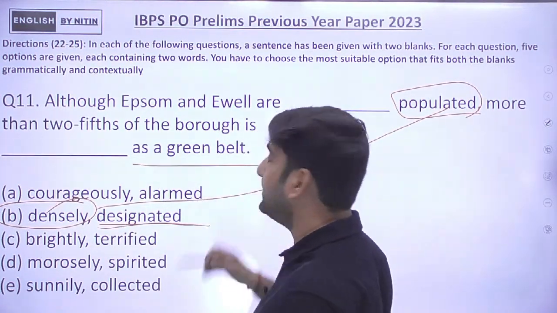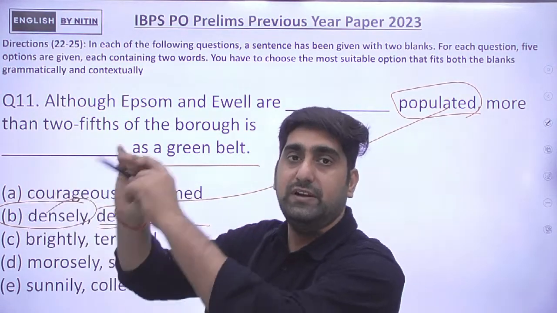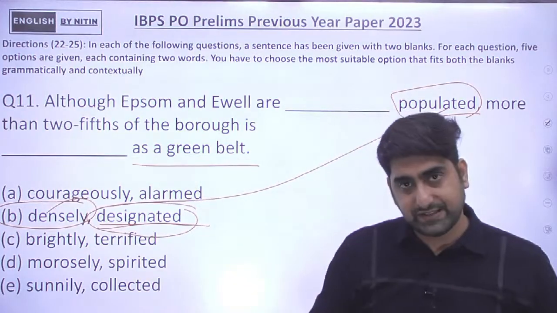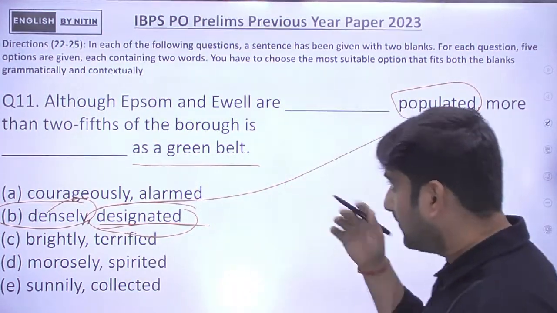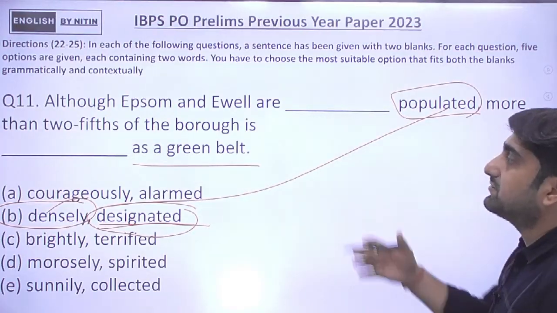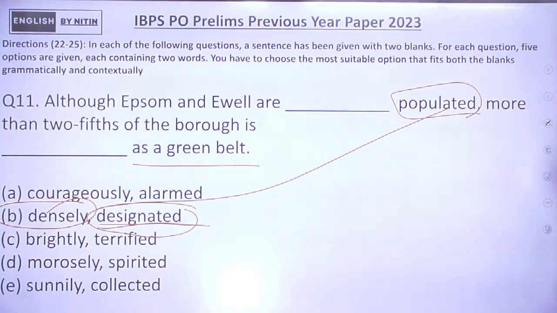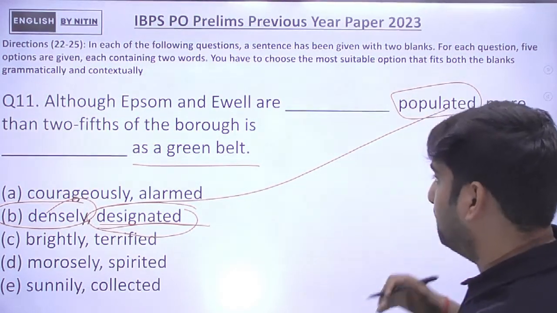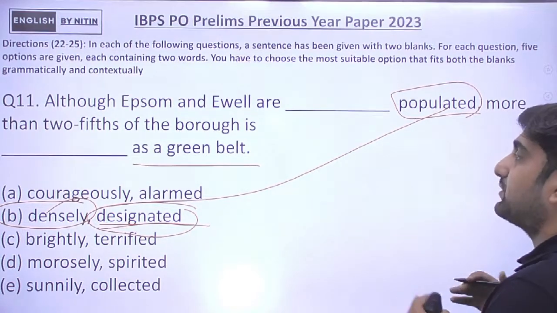designated as a green belt. So you have been given an official label, which is designate. To designate something means to give an official label. So the label given is green belt. Although Ipsum and Evil are densely populated, more than 2/5 of the borough is designated as a green belt.